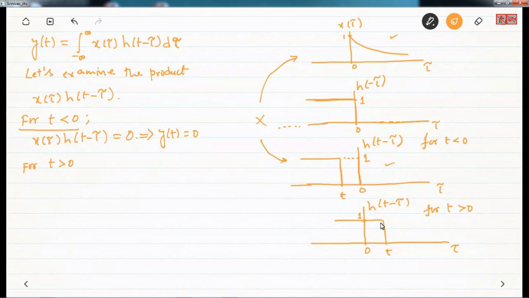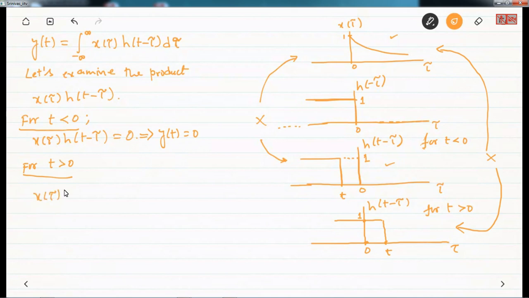Now for t greater than 0, look at the product of this signal with this signal, right? So the product of these two signals, what happens? This signal exists from 0 to infinity, whereas this signal, on the positive side, is non-zero from 0 to t only, right?